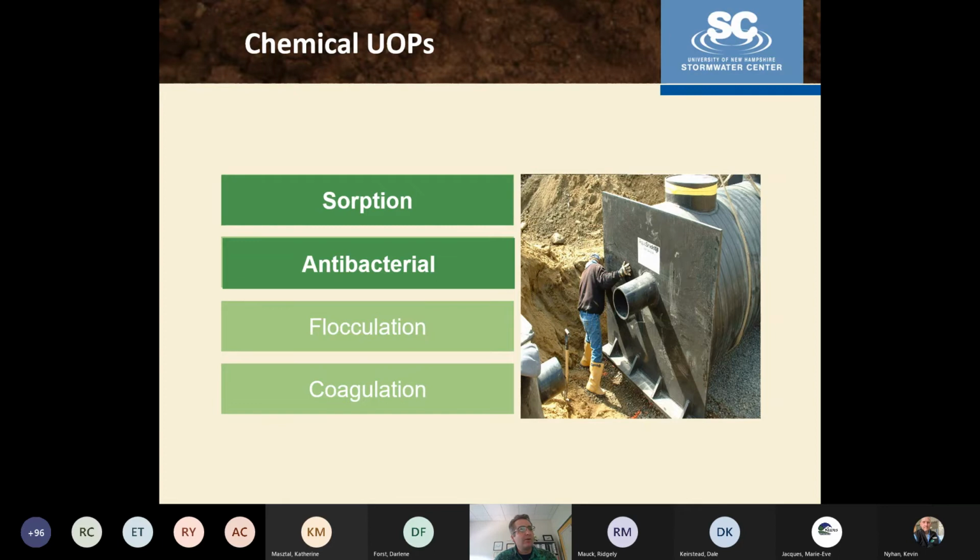The other thing we're using is iron and iron filings. So anything that has that metal ion and increases the cation exchange capacity of the filter media will increase phosphorus sorption. There's other proprietary materials out there as well.